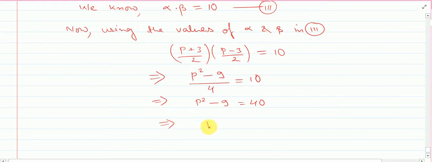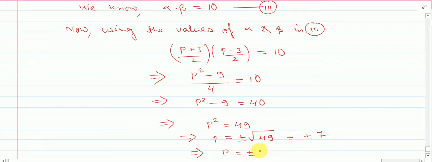Then you get p square is equal to 49. So p will be plus minus under root 49, equal to plus minus 7. So this implies p is equal to plus minus 7.